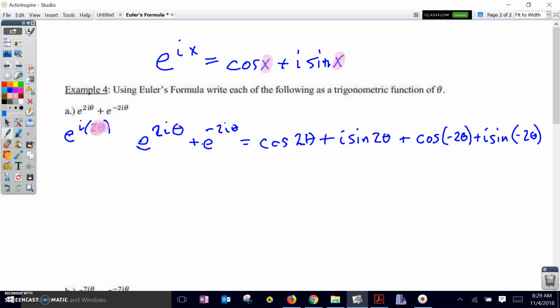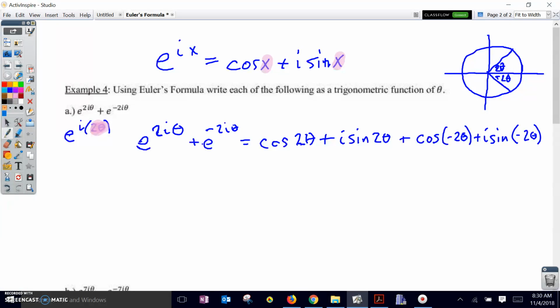And in order to simplify this further, we need to think about what happens in our unit circles with various values of angles and the sort. If we think about our unit circle, and suppose we have an angle 2 theta here, if we think about the angle negative 2 theta, sorry, my writing's a little cramped up here.